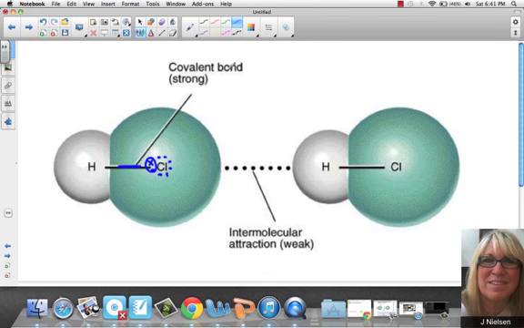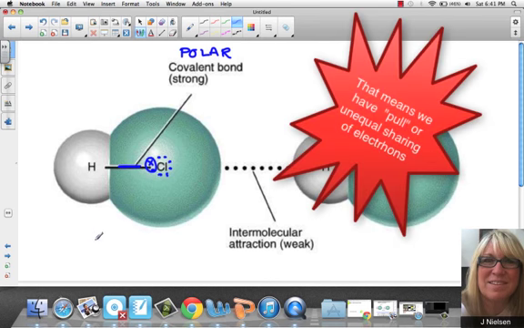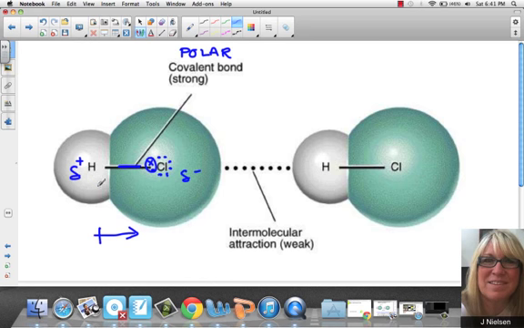This is a covalent bond, and to be more specific, this is a polar covalent bond. Why? Because the chlorine has a higher electronegativity than the H. So there is going to be a dipole moment in this direction. The chlorine side will be slightly negative, and the hydrogen side will be slightly positive.